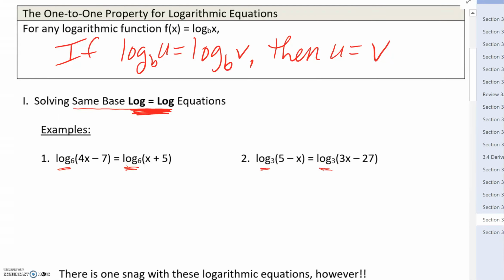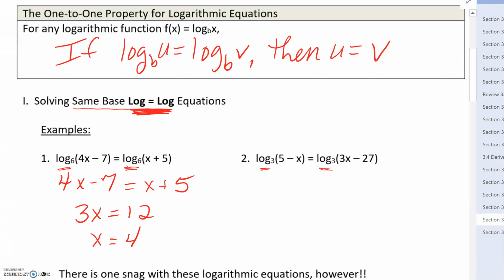Those are the easiest of the log ones to solve, because as soon as you get it down to a single log on the left equals a single log on the right, like you already have on number 1, you just use the one-to-one property and say, if the log of this equals the log of this, then these two things must be equal. So you go straight to 4x minus 7 equals x plus 5 and solve. That'd be 3x is equal to 12, so x is 4.